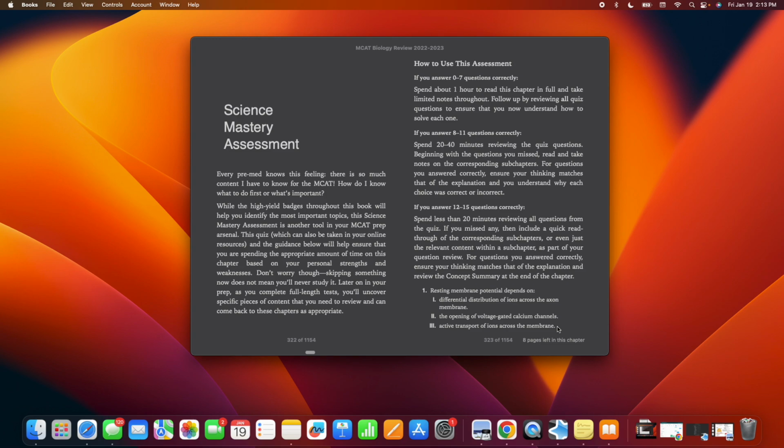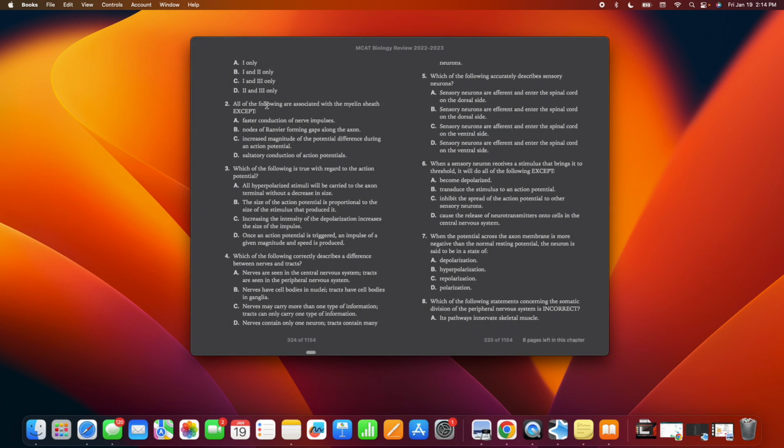So it's against the concentration gradient, and this makes the inside of the cell more negative. So the resting membrane potential does depend on that. So I would go honestly with 1 and 3. So I would choose C.